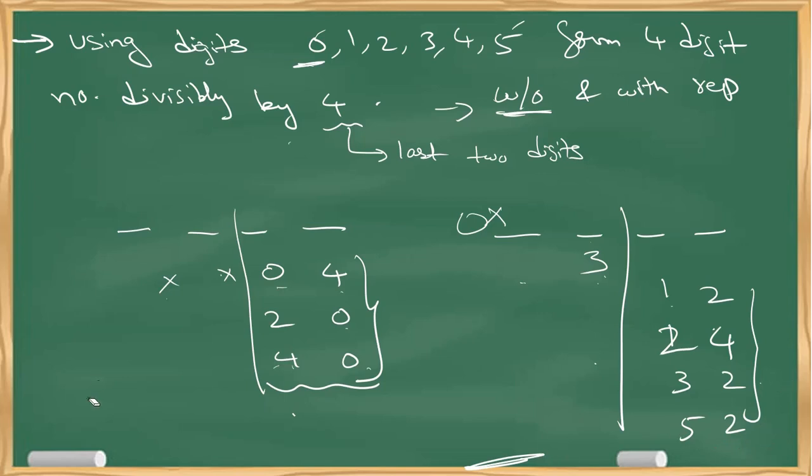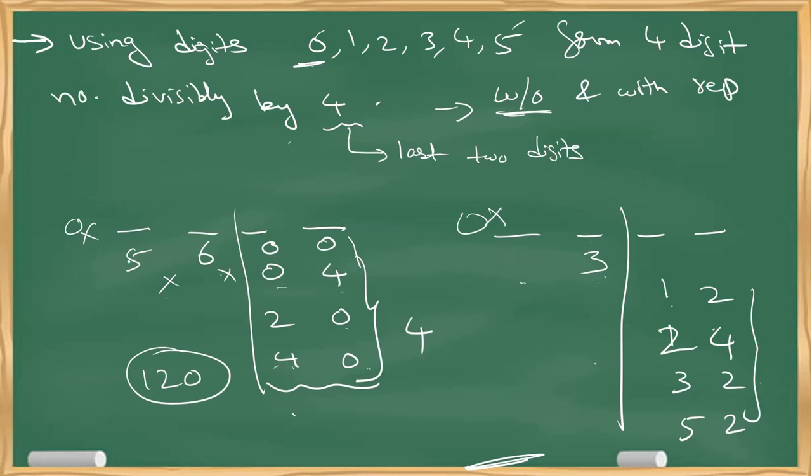Now with repetition, let me try. What are the extra numbers I'll get added? I'll get 00 also, where 0 is included, correct? Now, how many possibilities do I have? 4 possibilities, and 0 should not come here obviously. So how many ways? 5 ways and 6 ways. So 6 into 5 is 30, 30 into 4 is 120.